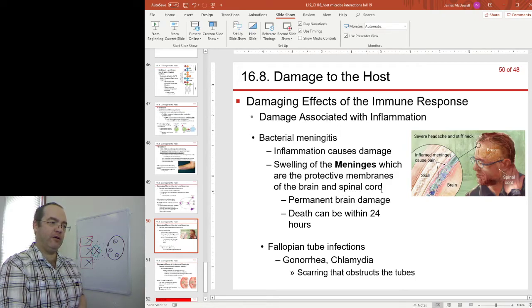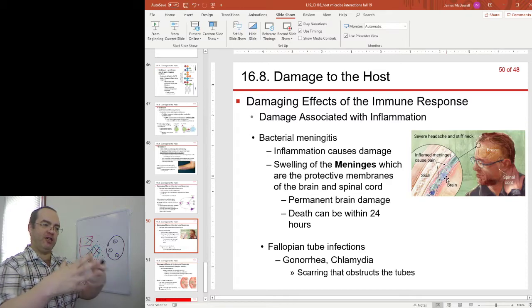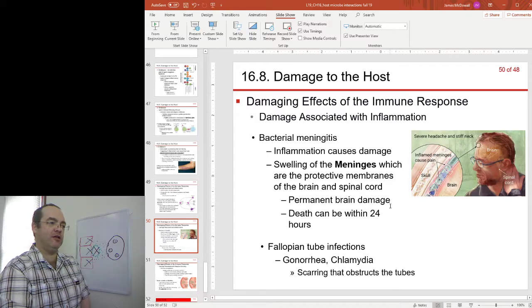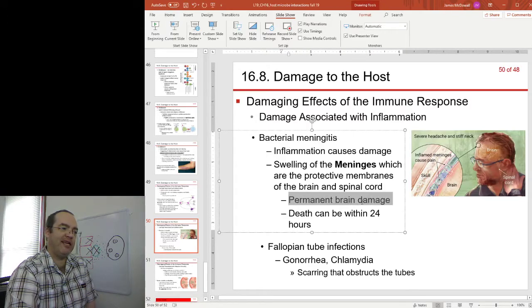Also on the spinal column, only so much space. If swollen meninges are crushing nervous tissue, then that's damaging. Meningitis can lead to permanent brain damage, even death within 24 hours.